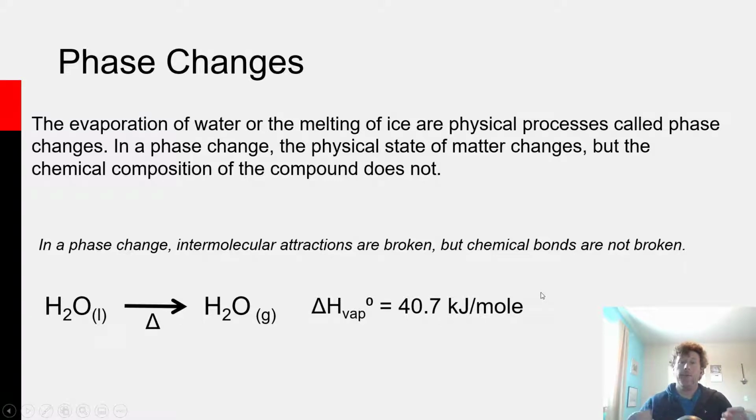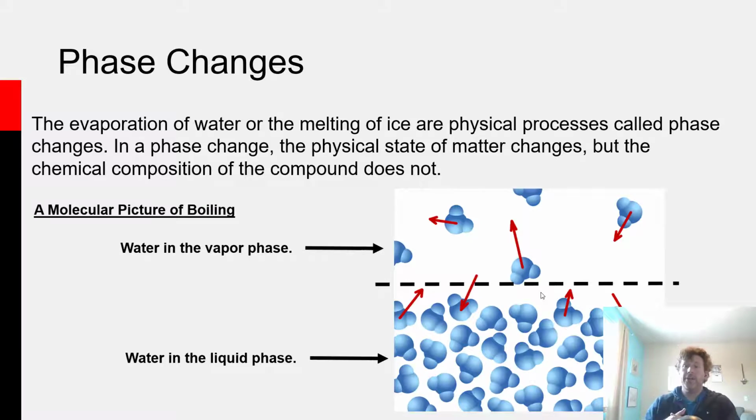Where's that energy going? What's that energy doing? Well, you can think of it from a molecular perspective as that energy overcoming the last residuals of the attractive forces that are holding the bulk of those water molecules together in the liquid phase. From a molecular standpoint, the primary difference between water in the liquid phase and water in the vapor phase is that in gas phase water, the molecules are much more spread out.